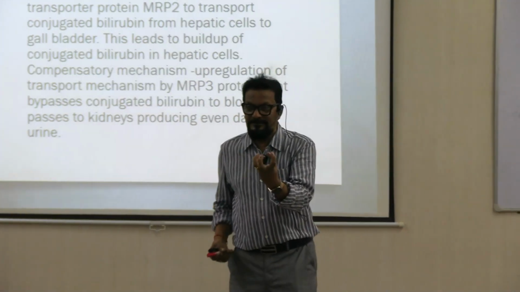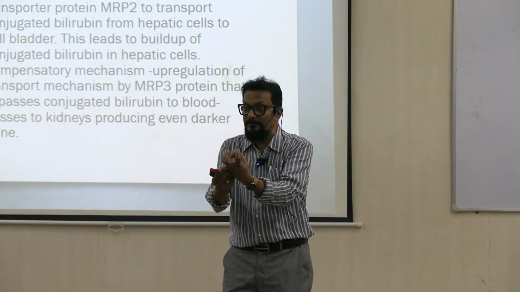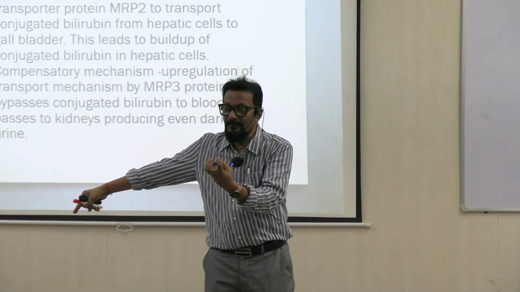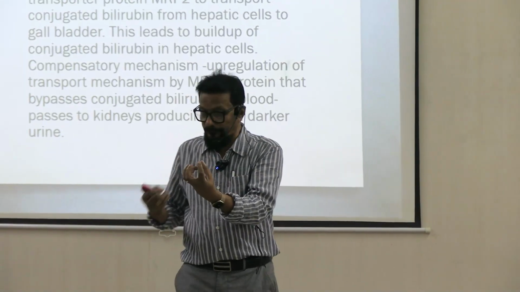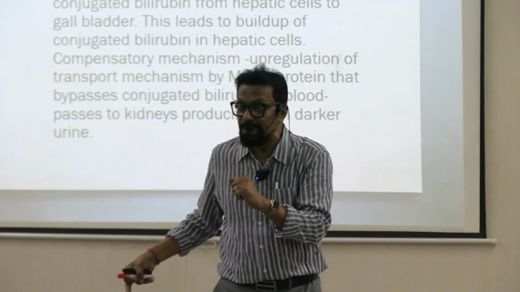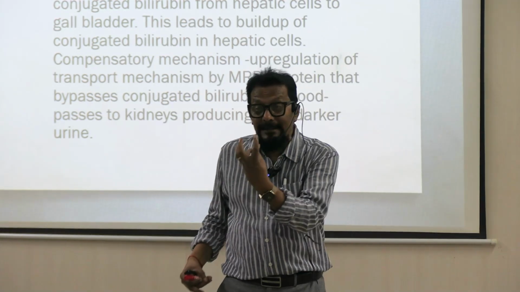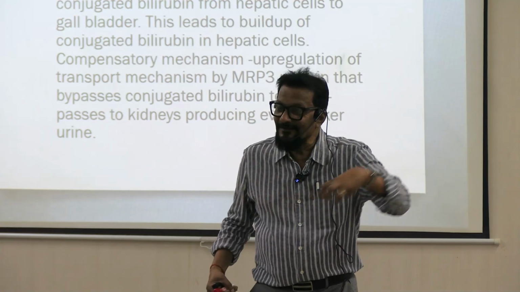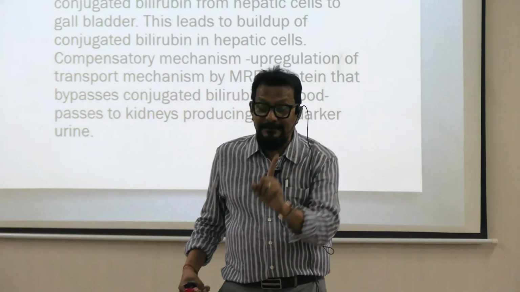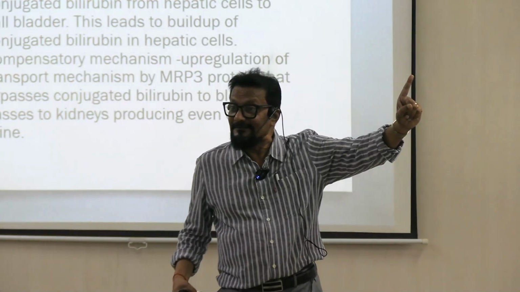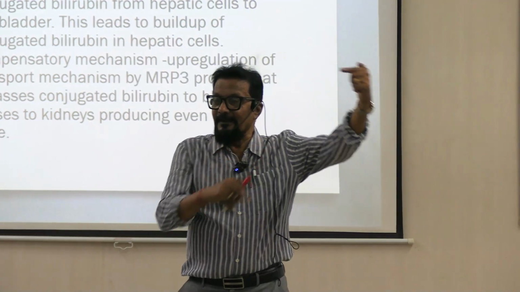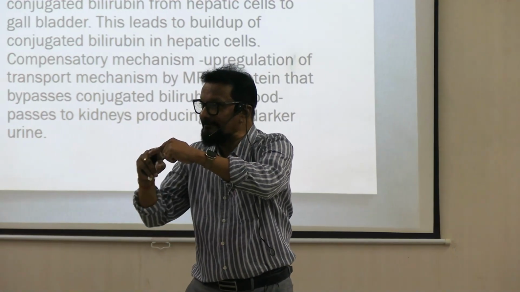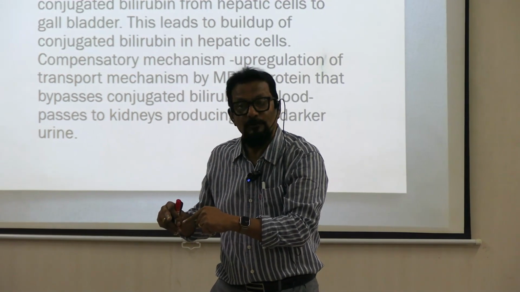Now 80% of the urobilinogen will pass through the stool, in the form of stercobilin. The remaining 20% will be absorbed into the portal blood and will enter the liver again. So in the intestine, conjugated bilirubin entered, and bacteria converted it into urobilinogen.